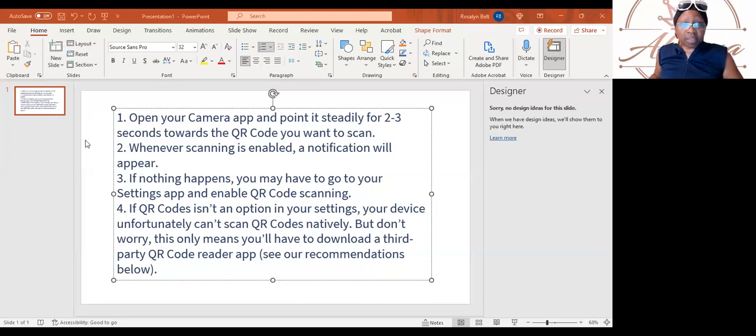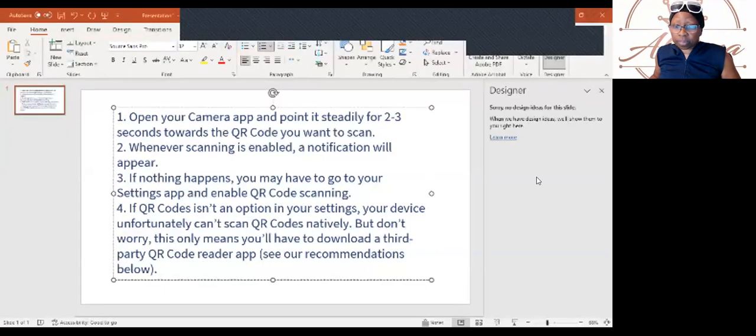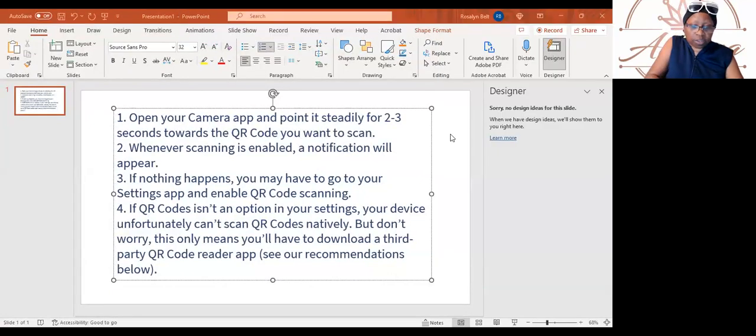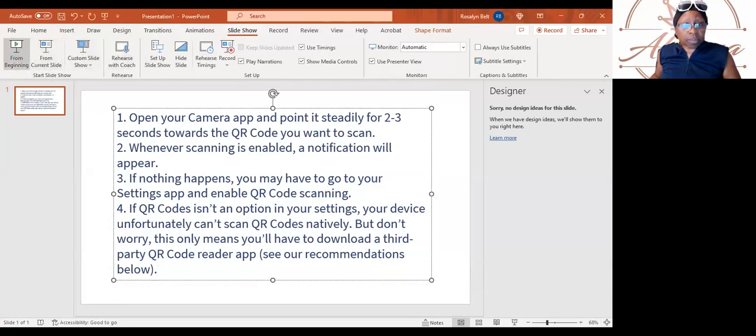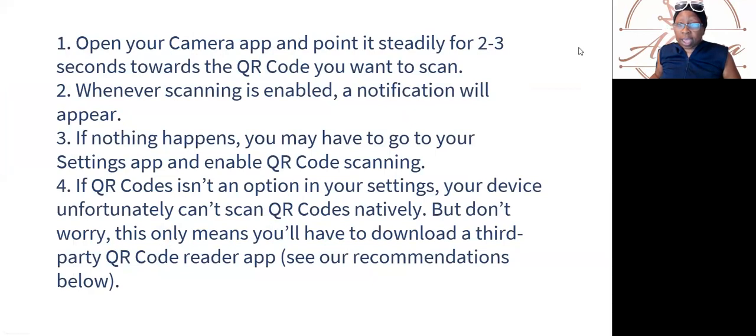This may not be the same for every Android, because different ones have different instructions. So what I suggest, if this does not work for you, is that you just Google, because that's all I did. I Googled how to engage your QR code and put the name of your phone.